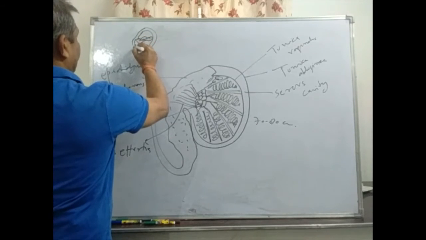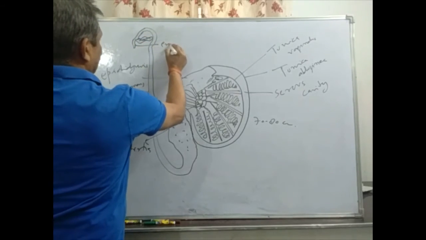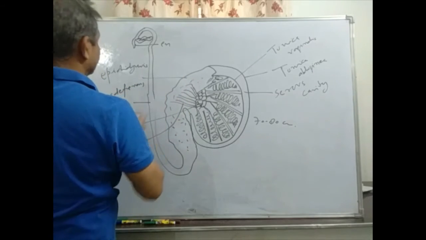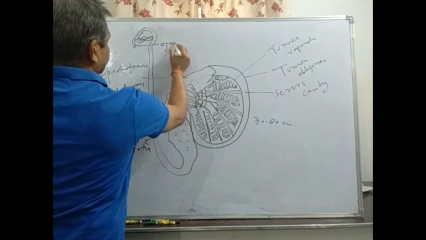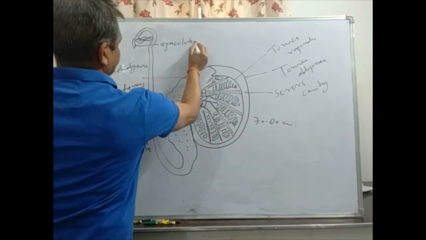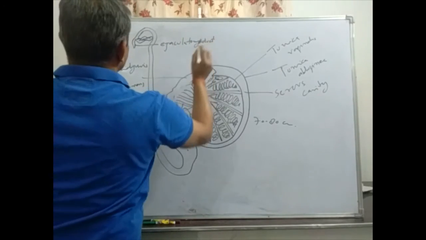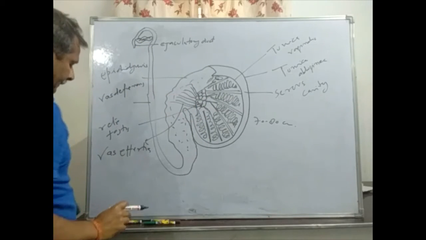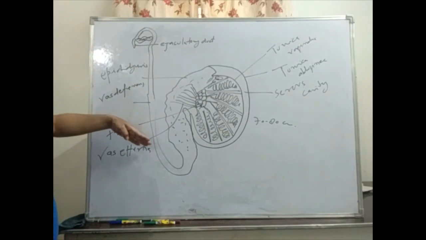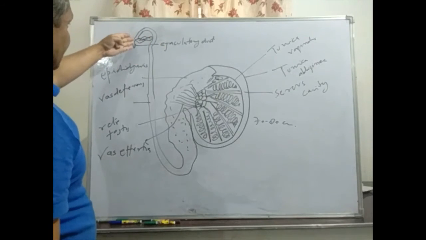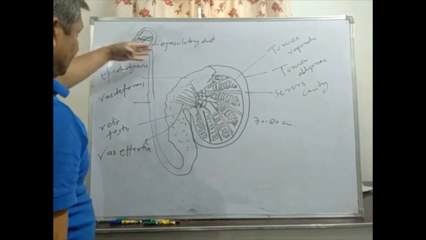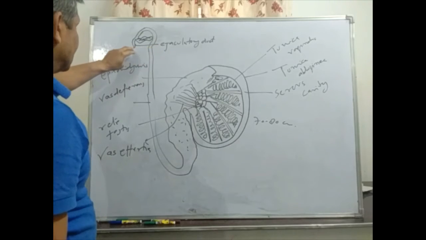And they form the ejaculatory duct. Okay, like this. So in continuation, it combines with the seminal vesicle and forms the ejaculatory duct.